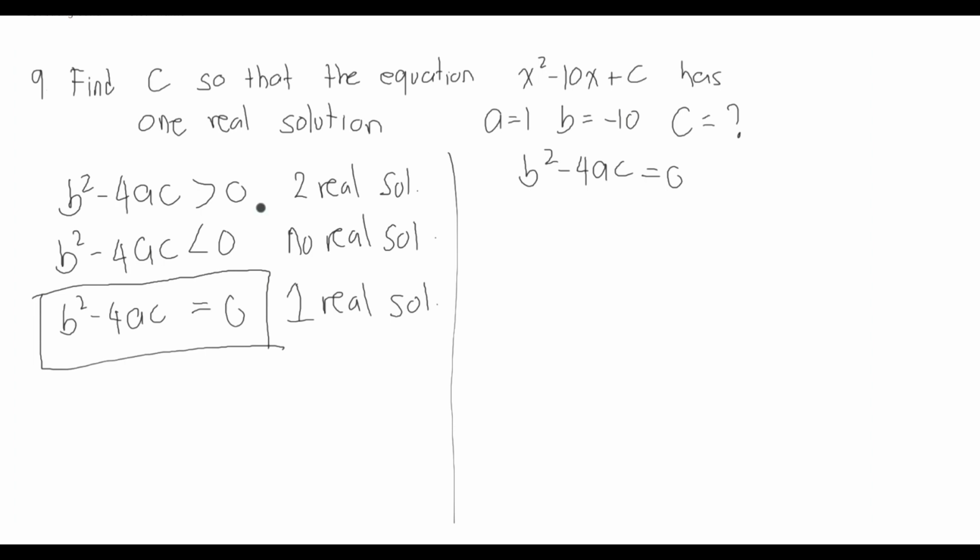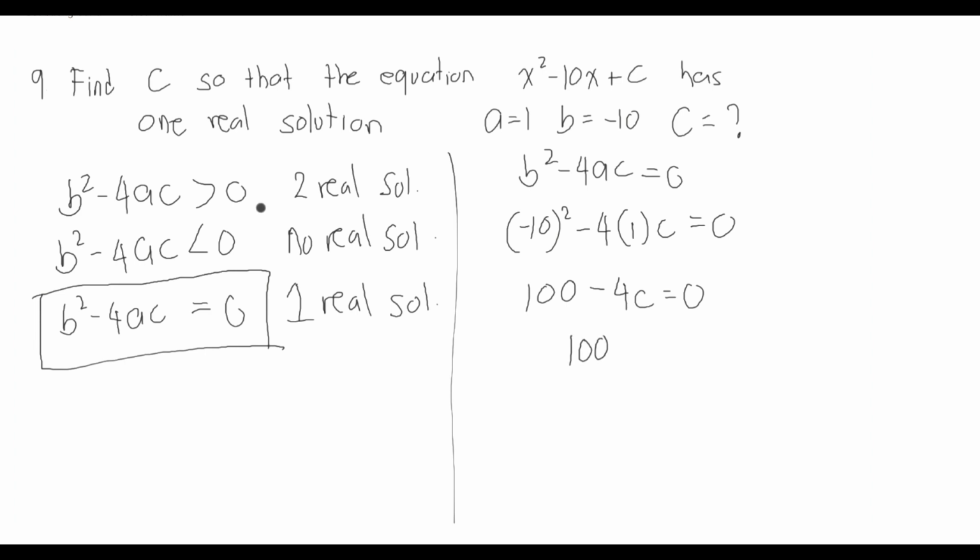So, substitute. Negative 10 square minus 4 times 1, then c is equal to 0. You have negative 10 square is 100. Minus 4 times 1, that's 4. Tapos yung c is equal to 0. Transpose mo sa negative 4 sa kabila.